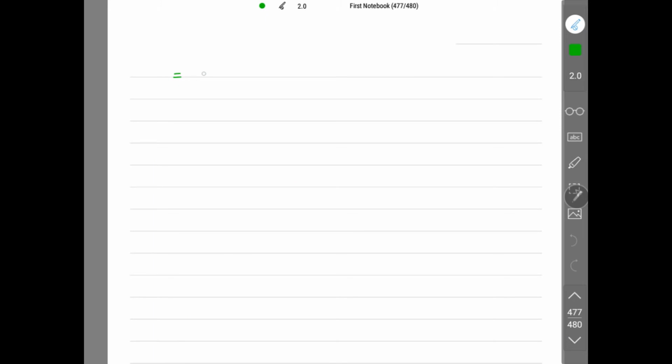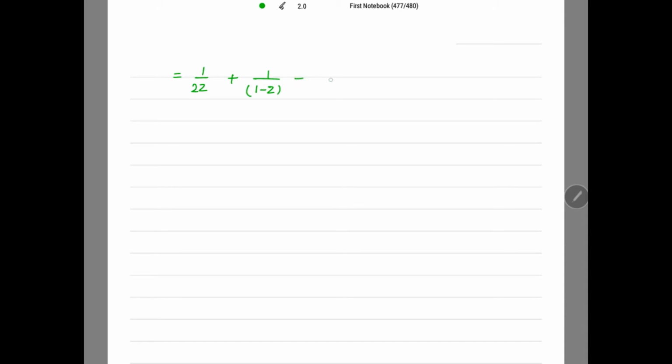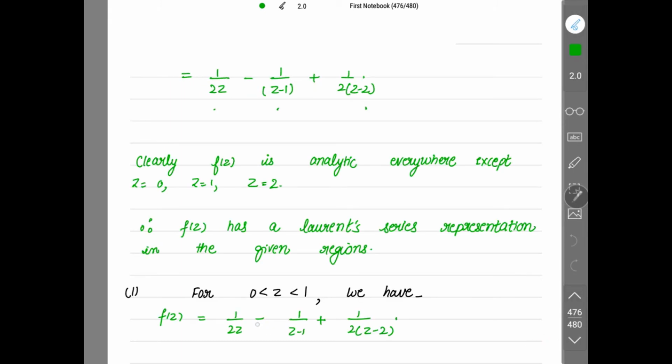So this is equal to 1 over 2z plus 1 over 1 minus z minus 1 by 2 minus z, which is equal to, here I am having the minus sign, so the sign will change. z minus 1 becomes 1 minus z.